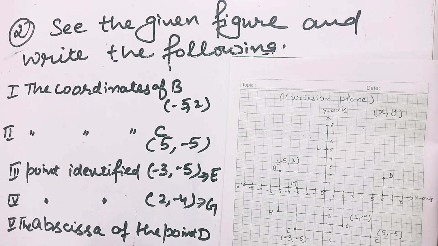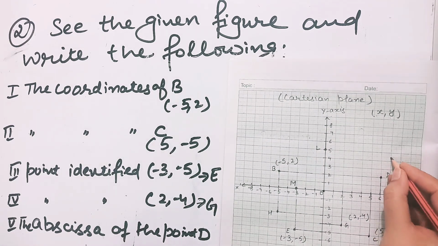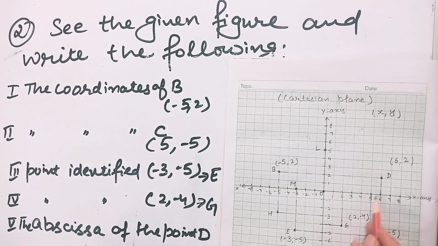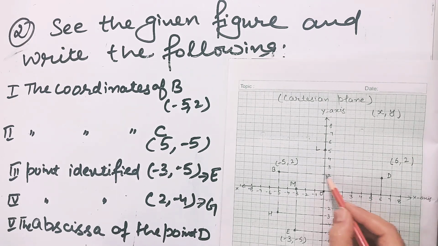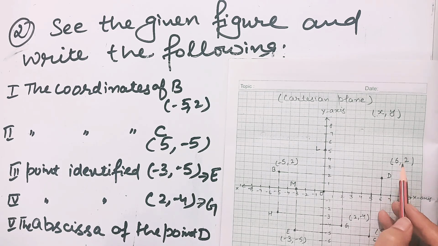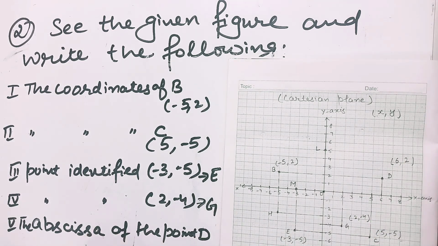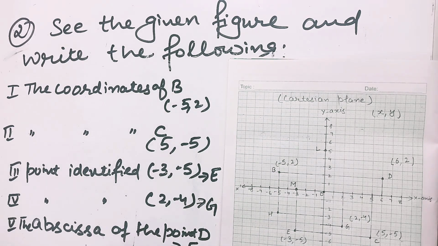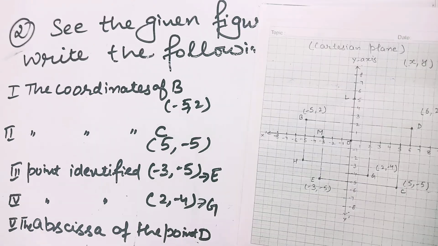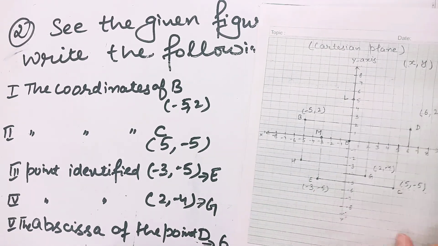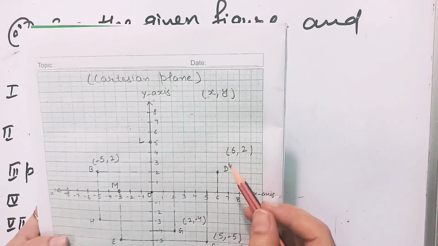The abscissa of the point D. The coordinates of D are x = 6 and y = 2. X is 6 on the x-axis and y is 2 on the y-axis. Abscissa means x coordinate. The x coordinate of the point D is, that is 5. Sorry, it is 6, because the coordinates of D are here (6, 2).